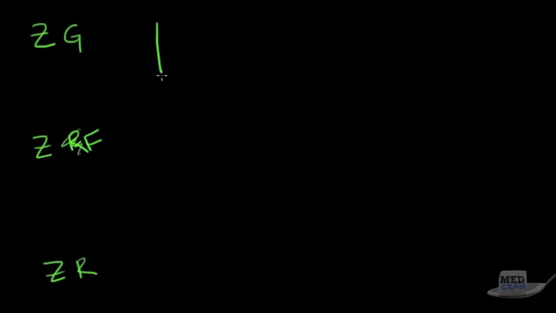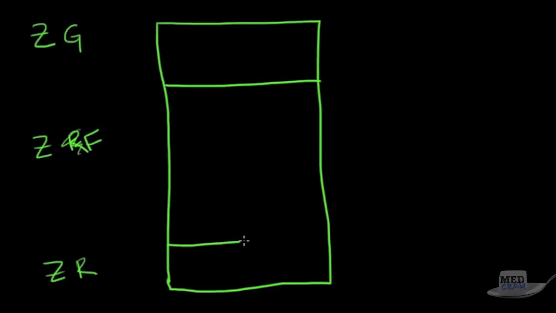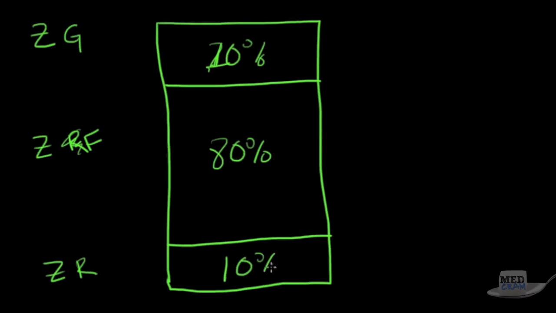Now, if you're actually to look at this linearly, if you take a slice of the adrenal cortex, you would see that the bulk of the adrenal cortex is actually made up of the zona fasciculata, with about 10% up here, and the other 10% down here. Okay, so the fasciculata makes up the major portion.